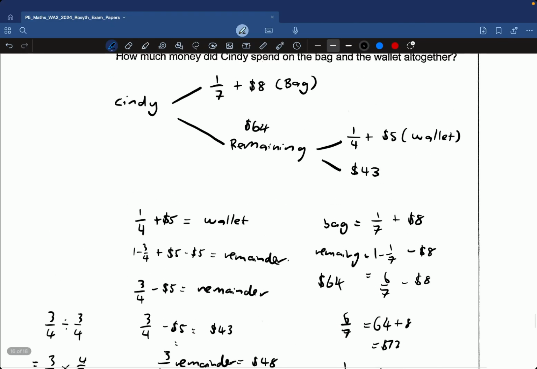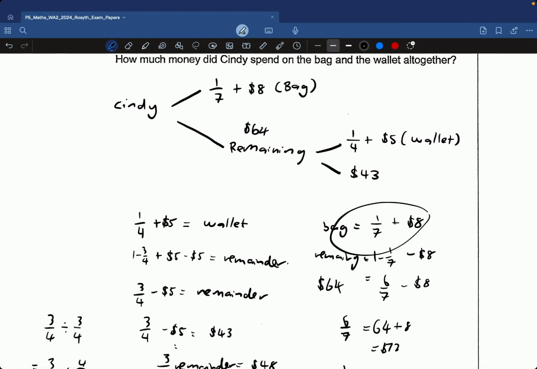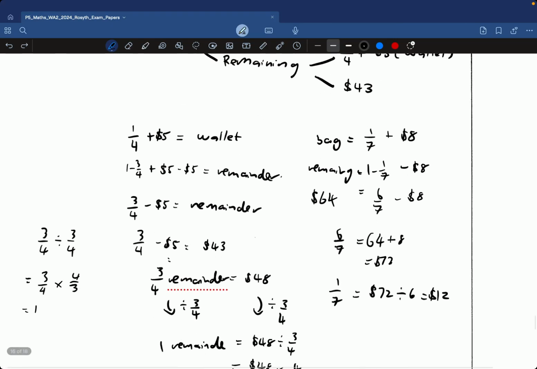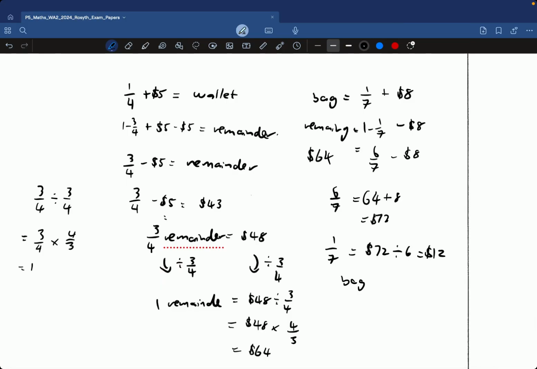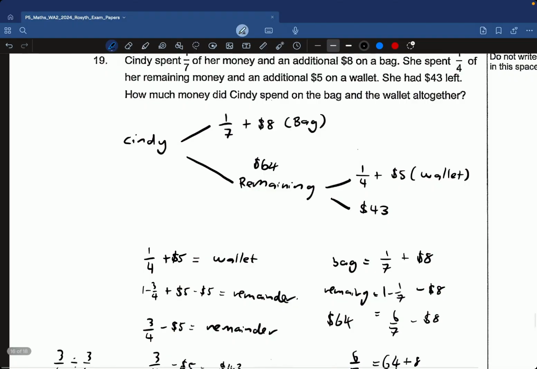So now we know that the bag itself is $12 plus 8, which gives us $20.